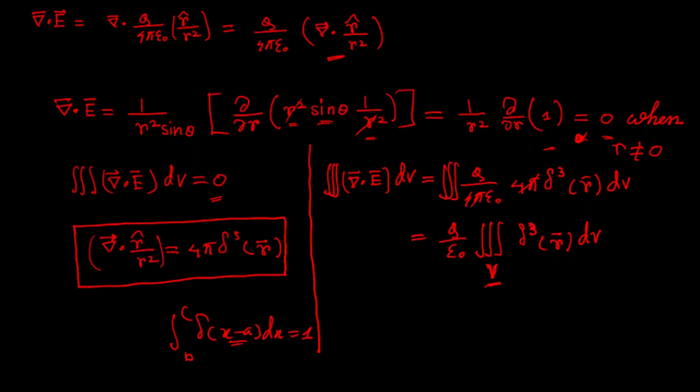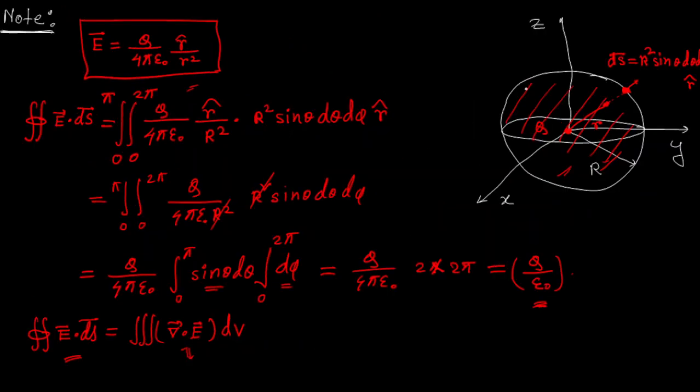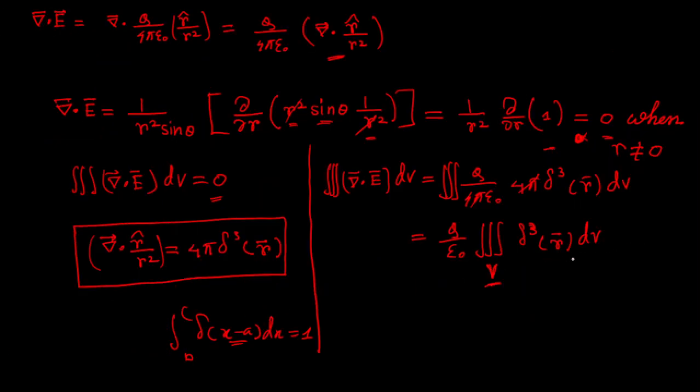In this case, the peak of the Dirac delta function is at r equals 0, that is at the center of the sphere. So this point lies within the volume, so this volume integral will be 1.